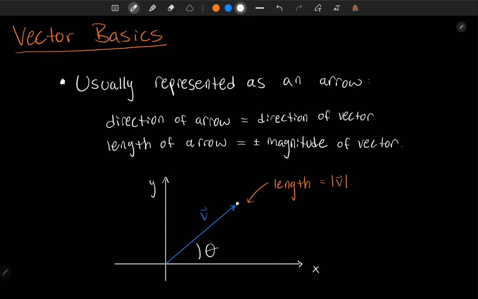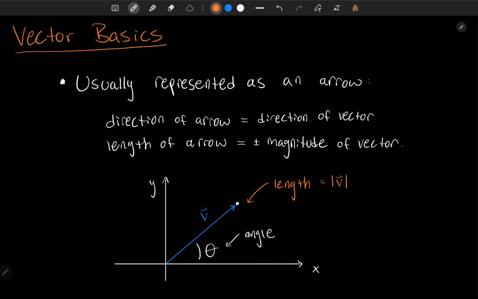So again, the direction of the arrow pointing is the direction of the vector, and that's often given by this angle here. So this is the angle. And the magnitude, or the length of the arrow here, so how long the arrow is, is equal to the magnitude of the vector.